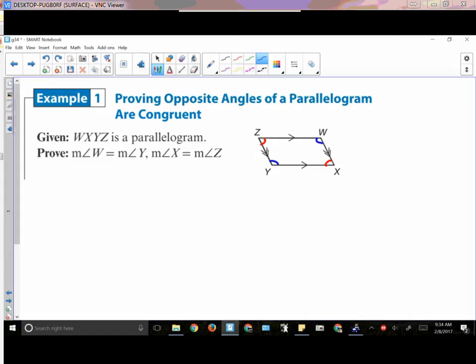Now, this is a parallelogram, right? So, WXYZ is a parallelogram. And mind you, there's more than one way of dealing with this, okay? Given.